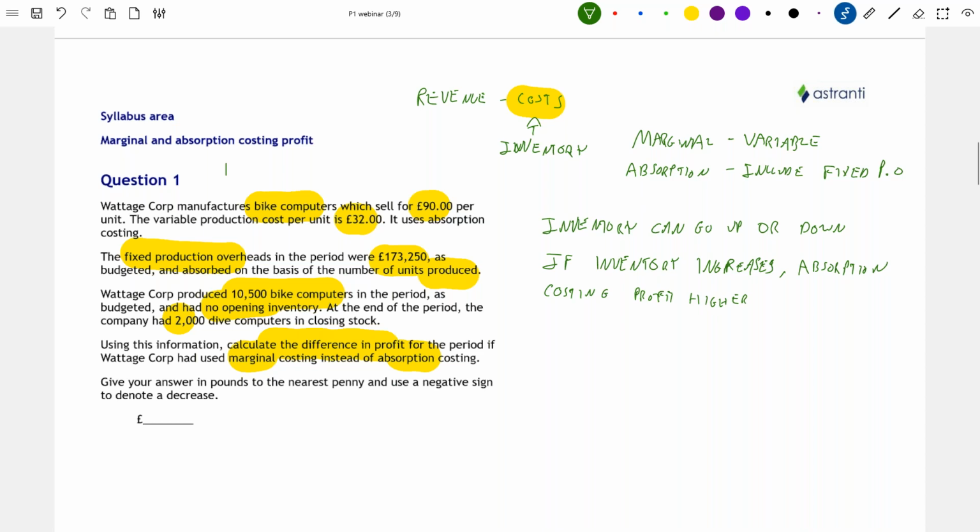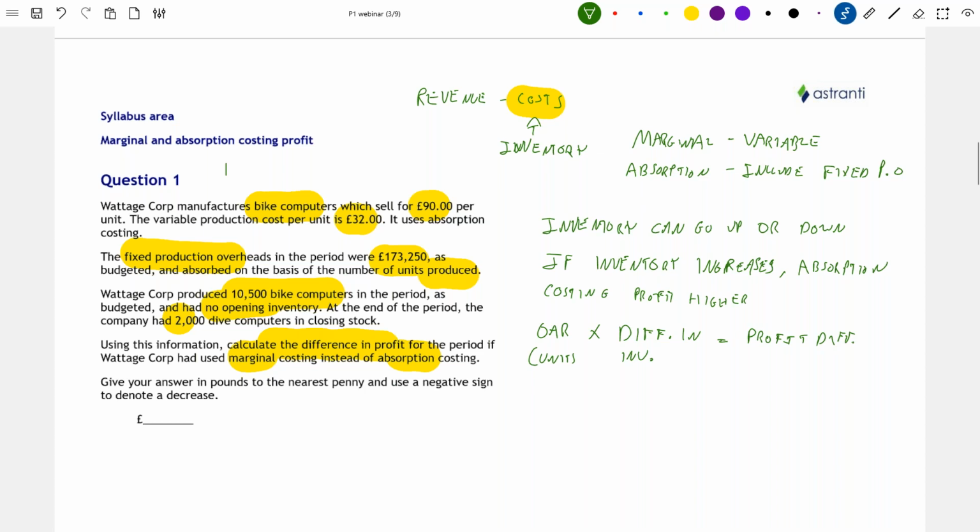Now, the second main thing that I want you to take away from this question is that there is actually a formula for calculating the difference in profits between the two systems. And that is the overhead absorption rate in units, which we'll calculate in a moment, multiplied by the difference, diff, short for difference, in inventory, INV, short for inventory, is equal to the profit difference between the two systems.